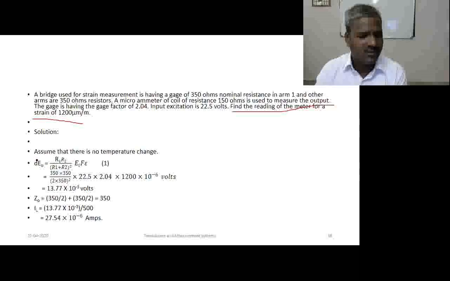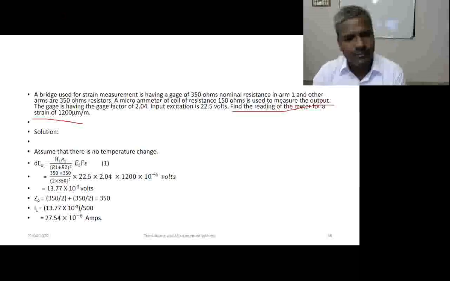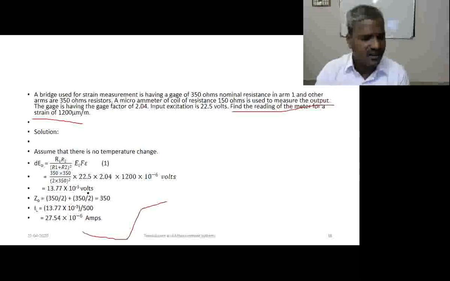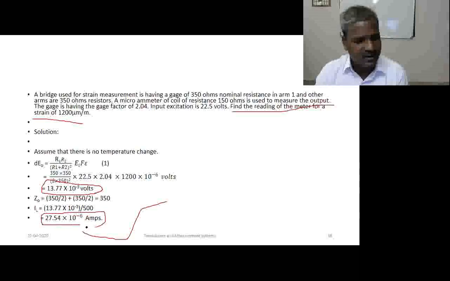This is the exact answer for the previous discussion; make a note of it. The open circuit Thevenin voltage is 13.77 millivolts. The load current, the ammeter indication, is 27.54 microampere.